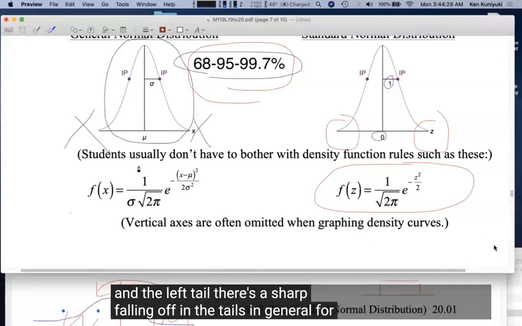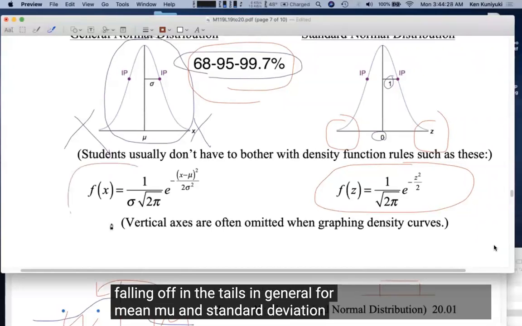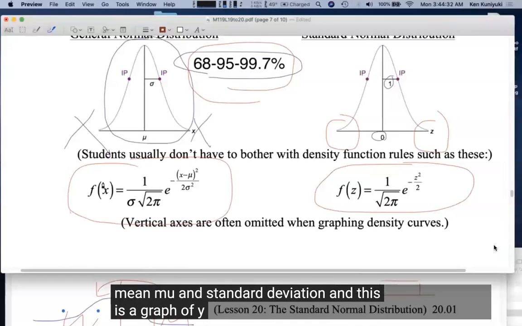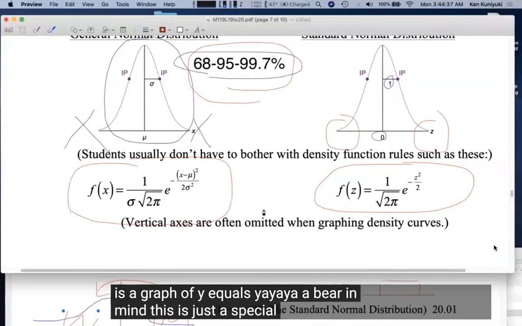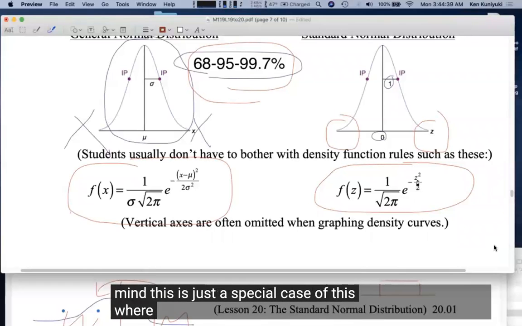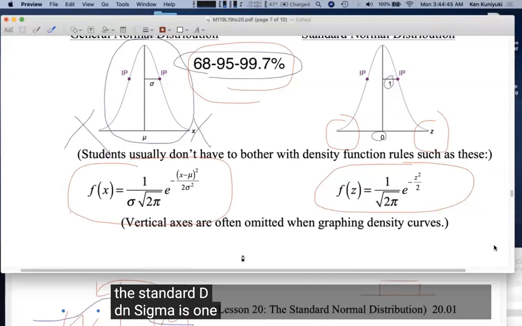In general, for mean mu and standard deviation sigma, here's the formula for the function. Bear in mind, this is just a special case of this, where x equals z, the mean mu is 0, and the standard deviation sigma is 1.